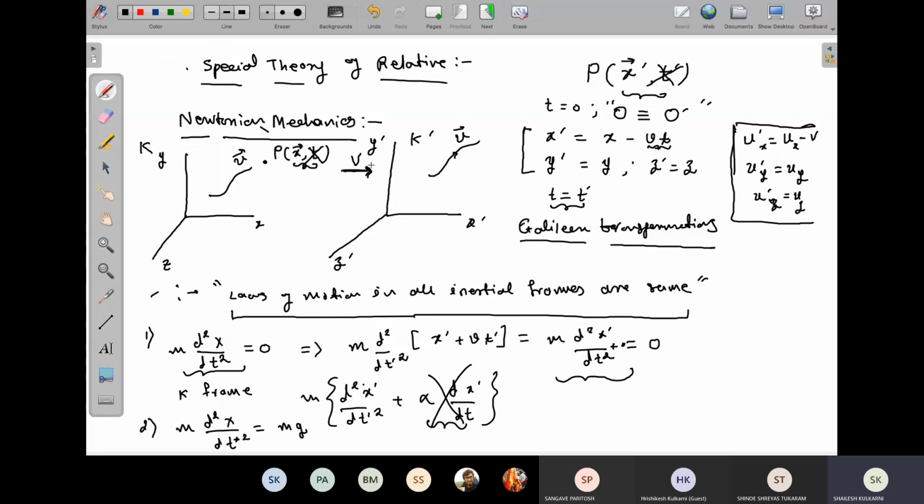This is not going to change. We are not talking about an accelerated frame; it is just that one frame is moving with constant velocity relative to another. Whatever vector you give me in this frame, its direction is going to be the same. Suppose you consider the x cap unit vector, y cap unit vector, and z cap unit vector. What is going to happen?